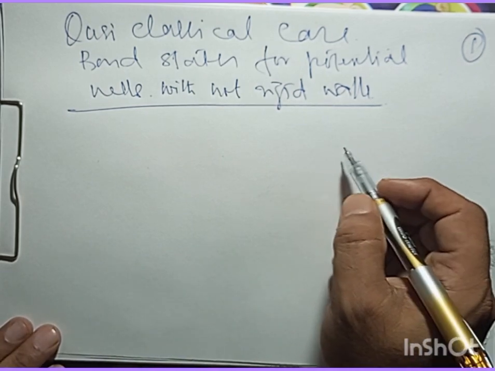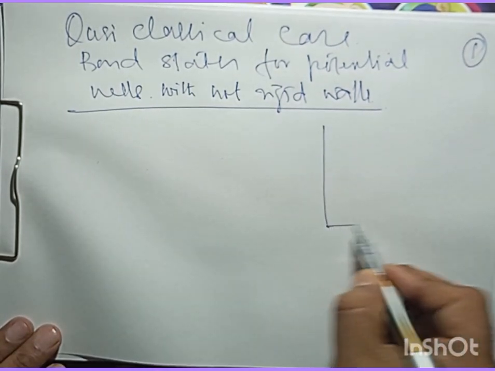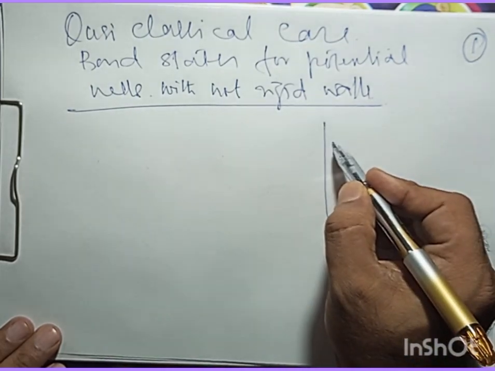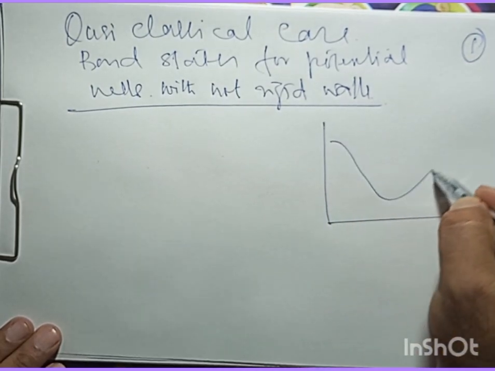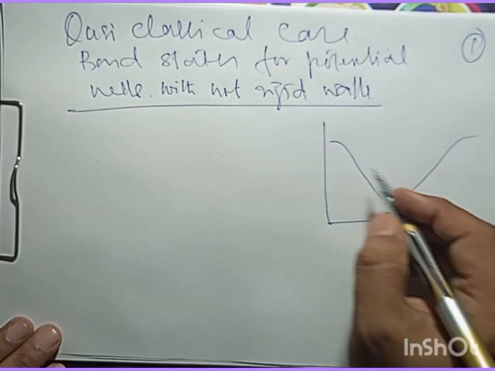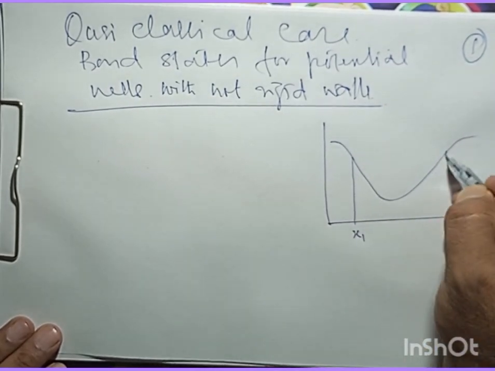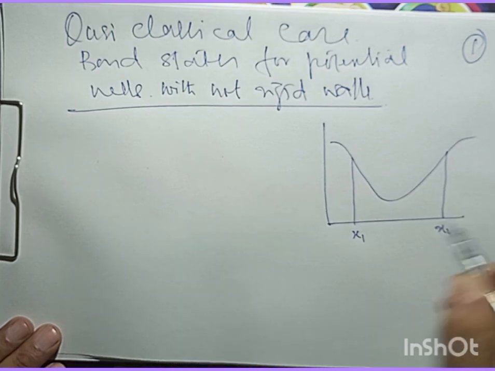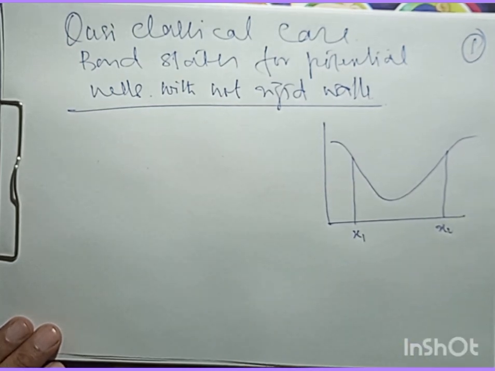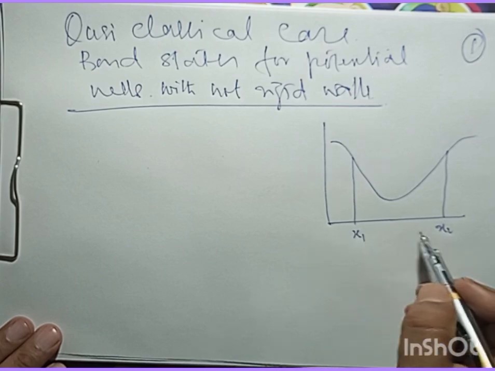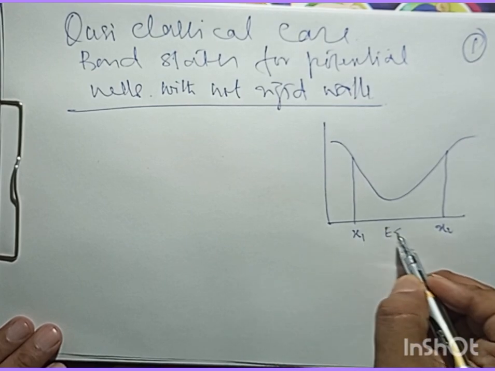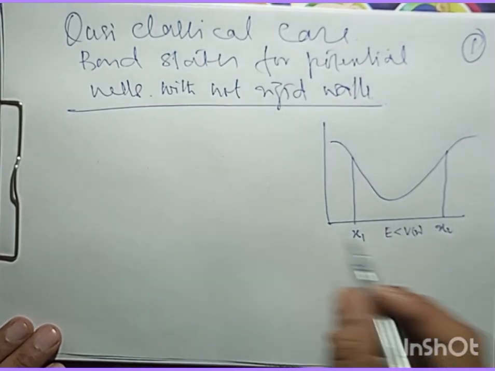Let me remind you of a situation like this, where we have a potential that varies in this fashion. Assuming this to be x1 and this to be x2, these two points are called turning points. Between x1 and x2, E is greater than V of x, and beyond x1 and x2, E is less than V of x.